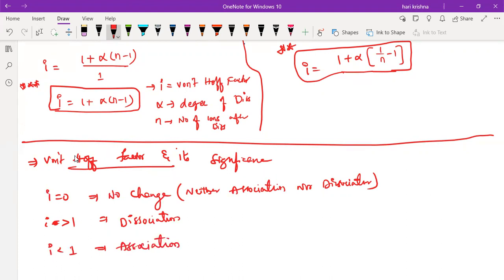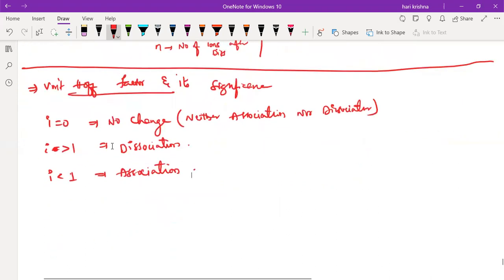So when you solve these problems, if you get i less than 1, that is association; when you get i greater than 1, that is dissociation. Clear? So this is the first one, the significance of the van't Hoff factor.